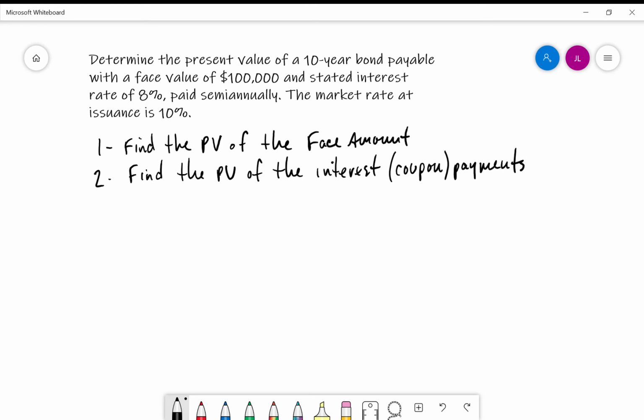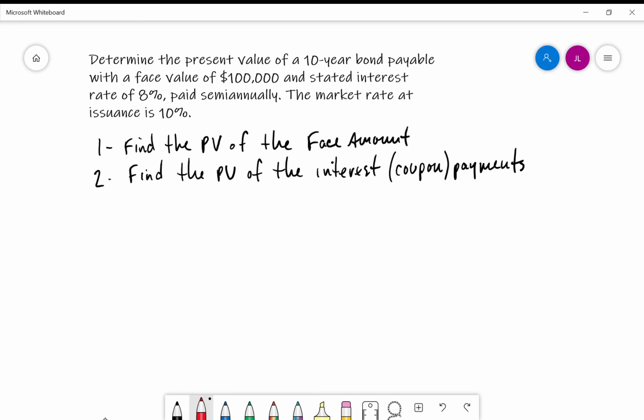Now, the way in which we do this is we use the time value of money. And when we talk about the time value of money, there are a couple of equations that we need to understand or know. Sometimes you'll be able to use a table to calculate these, but other times you won't, and you'll have to know the equation.